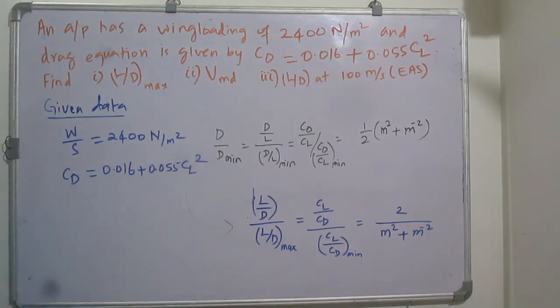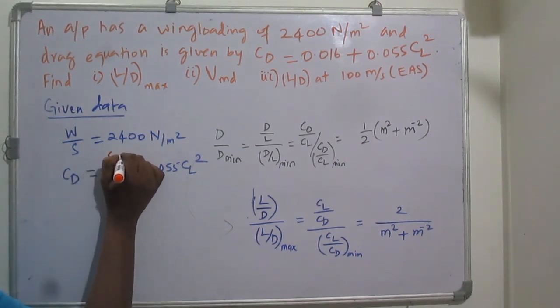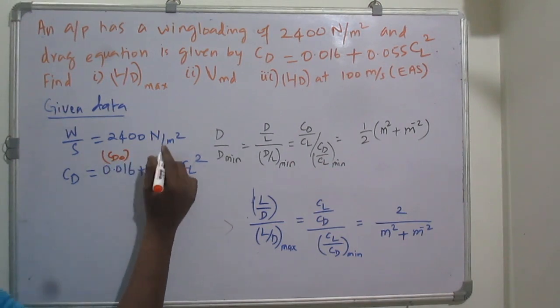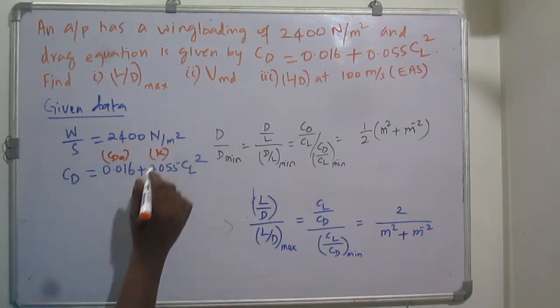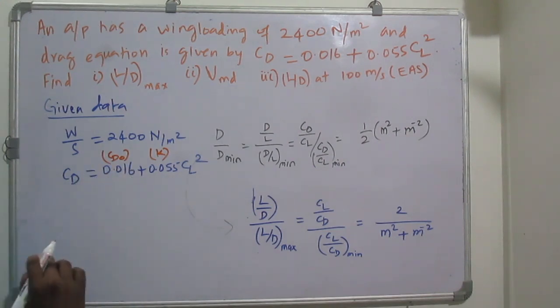We all know that this value is nothing but our CD naught, and this is nothing but K. So now we have this data.